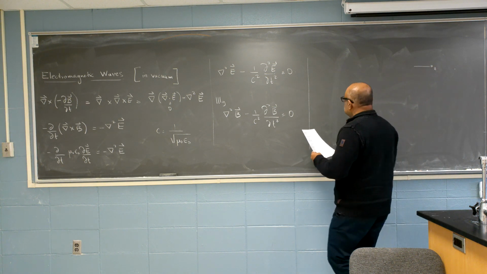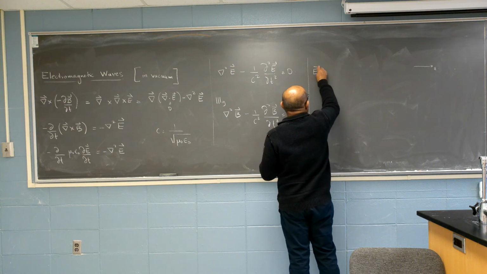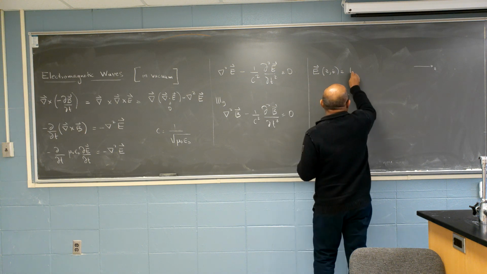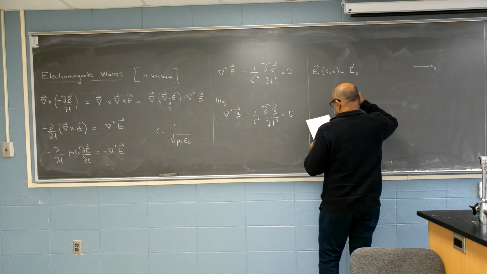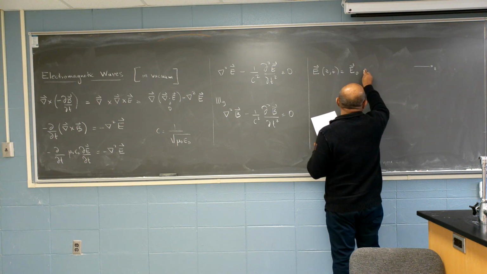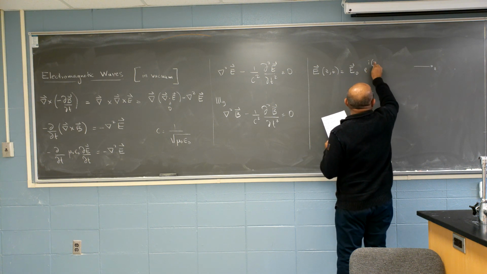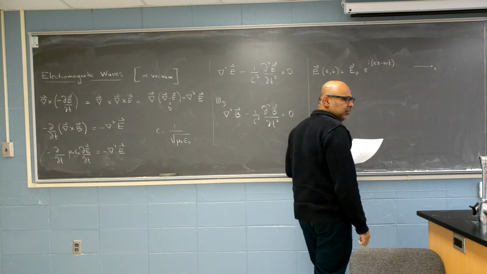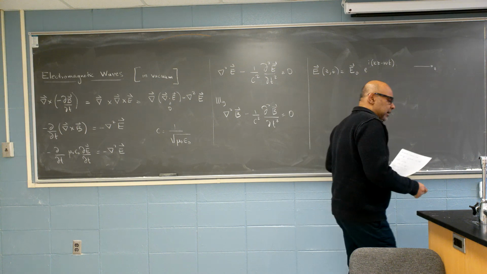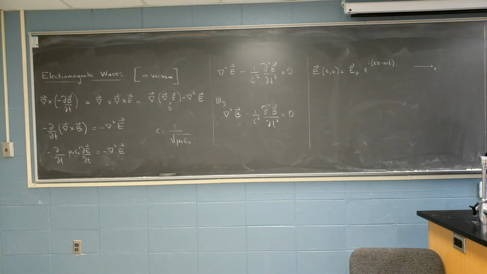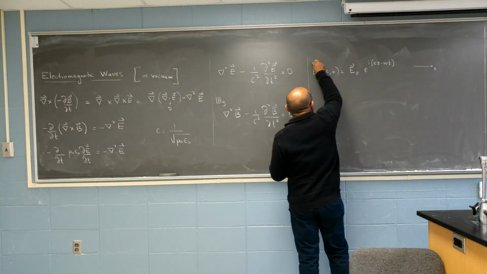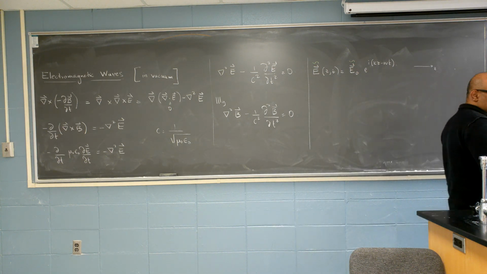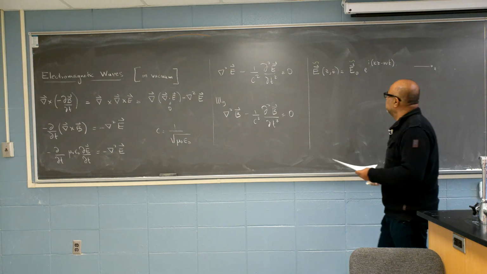With that in mind, I can write E(z,t) equals E0, some vector, e to the i(kz minus omega t). And I'm not writing any phases, so these are complex vectors. And I can do the same thing with B.